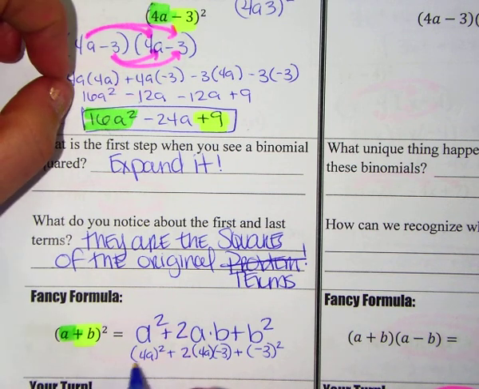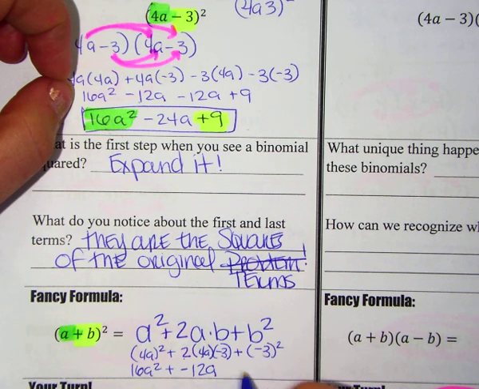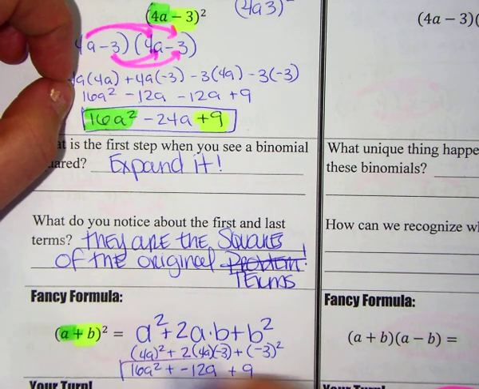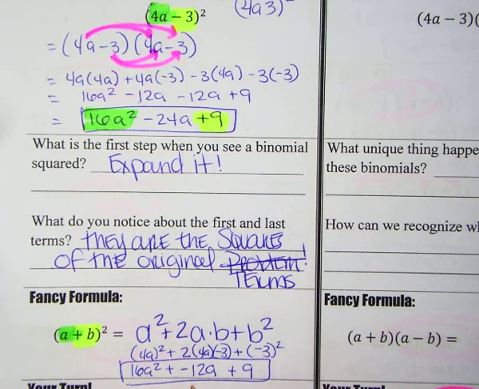Right? 4a squared is 16a squared, plus 2 times 4 is 8, 8 times negative 3 is negative 12a, plus negative 3 squared is 9. And as you see, you get the same answer. So that's how you can use that.